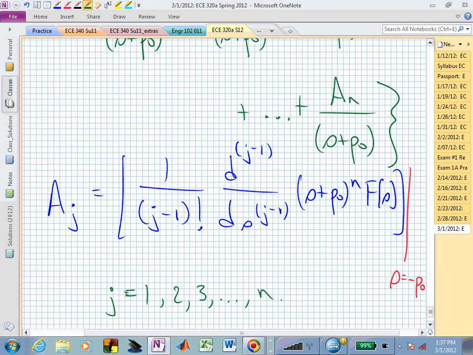So we would have 4 derivatives to process. The first one doesn't happen. J equal 1. Are we okay with that? Or is it clear? Maybe you're not okay with it, but questions? Let's look at an example.